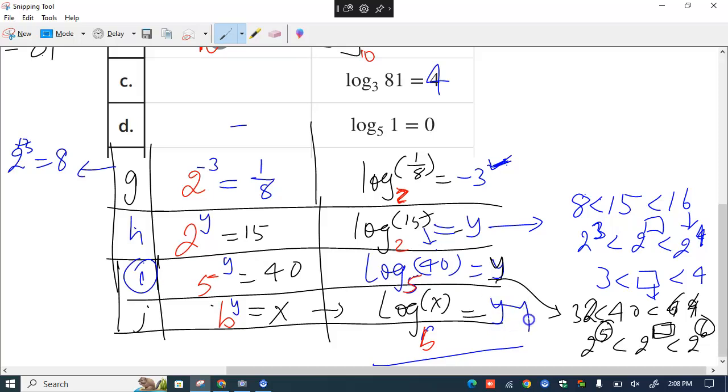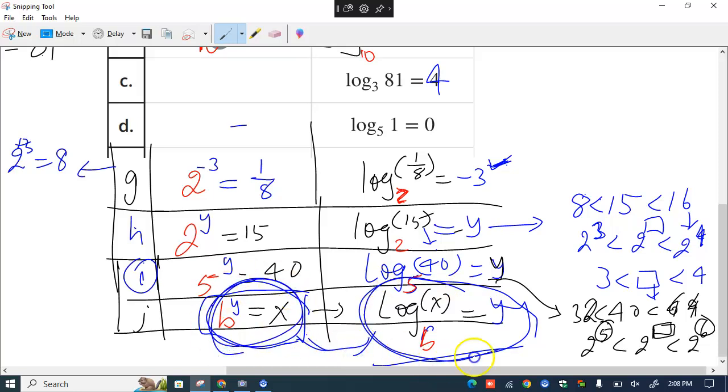That's it. I hope this helps to write two equivalent forms: one is the exponential form and the other one is the logarithmic form. So log is the inverse of exponential.